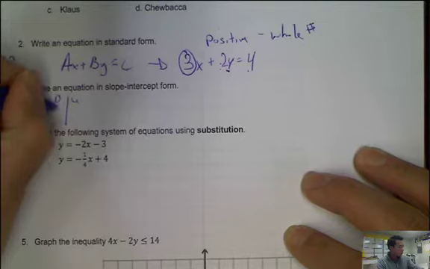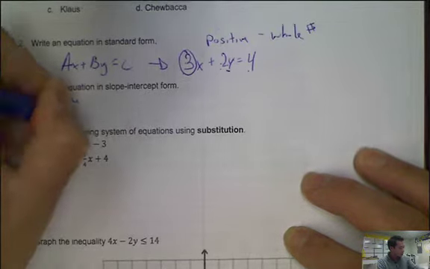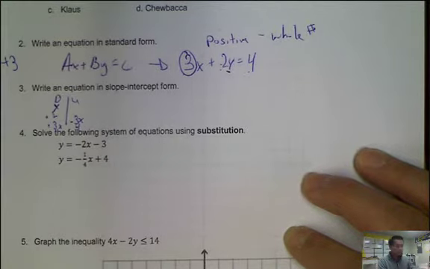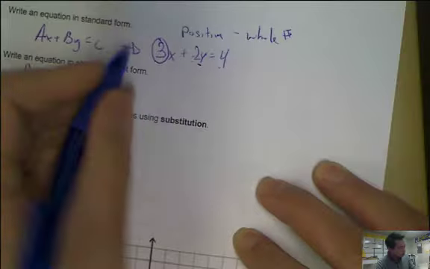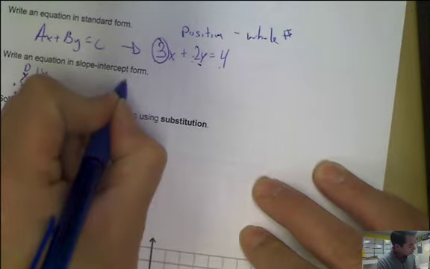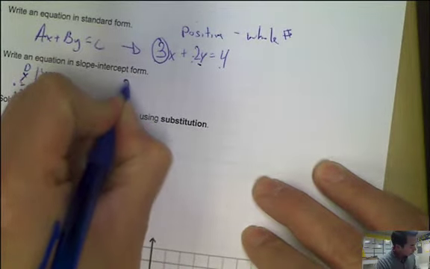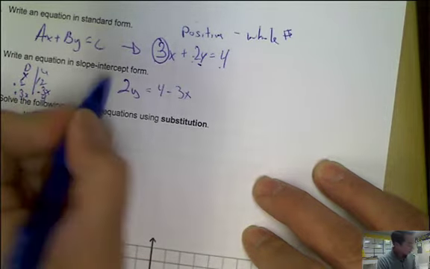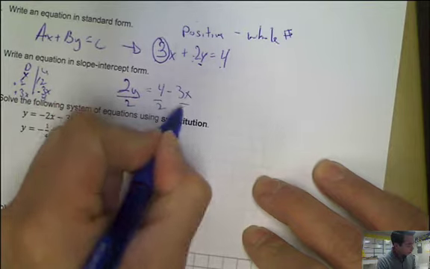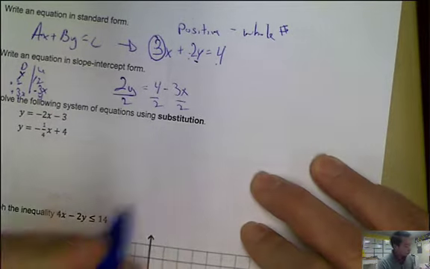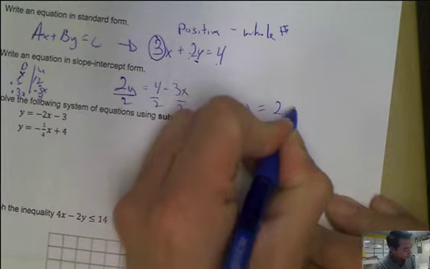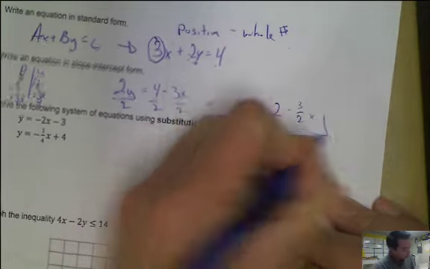The first thing I need to do to both sides is subtract 3x and then divide by 2. So now I have 2y is equal to 4 minus 3x. Divide both sides by 2.